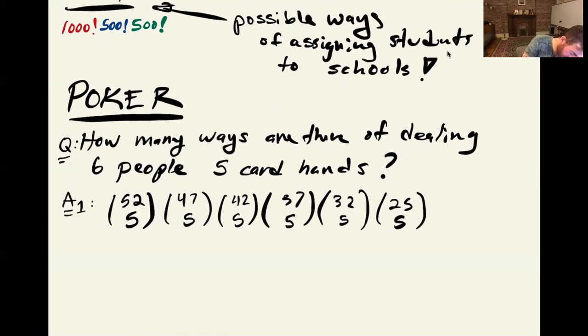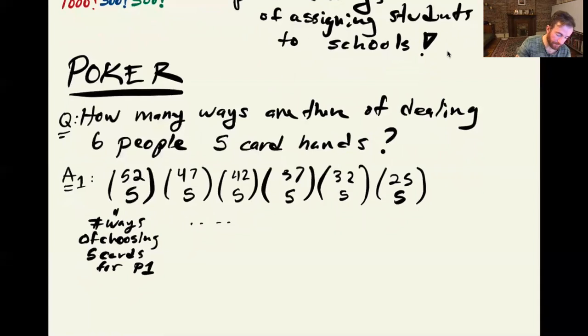Again, I think of this as the number of ways of choosing 5 cards for player 1, and all the way down.